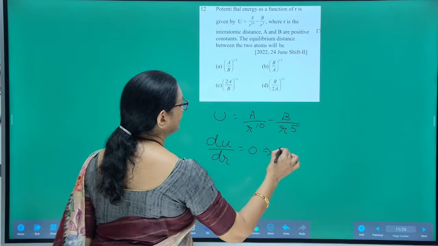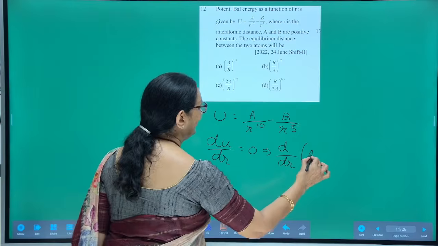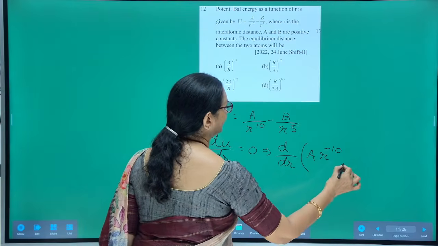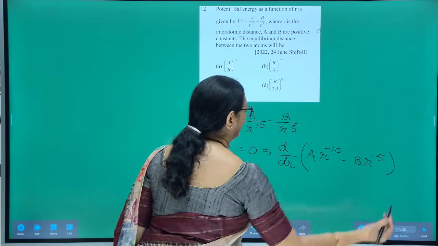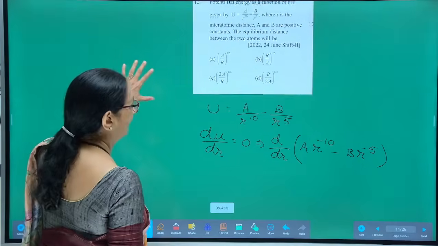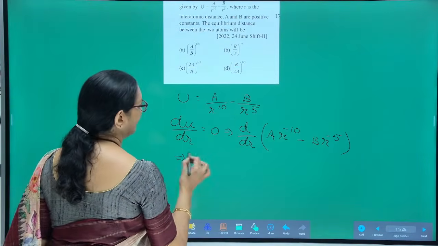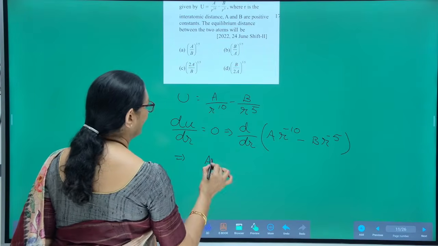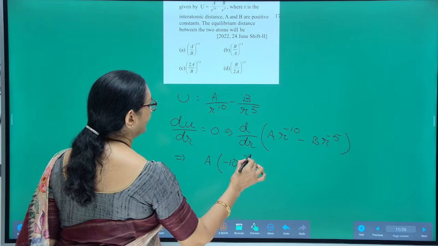This implies d by dr of a r to the power of minus 10 minus b r to the power of minus 5, if you bring these to the numerator. Now, look here, this is d by dr of a r to the power of minus 10; the derivative of x to the power of n is n x to the power of n minus 1.